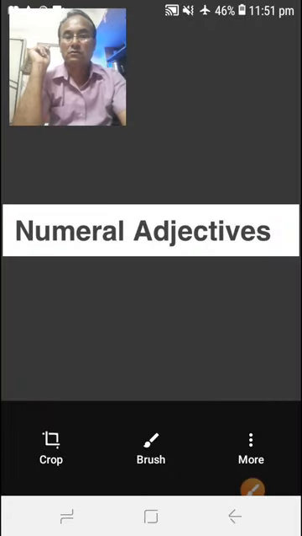Now, numeral adjective or adjective of number. Adjectives are those words which describe nouns or pronouns. The numeral adjective, also known as adjective of number, is one among the seven types of adjectives.